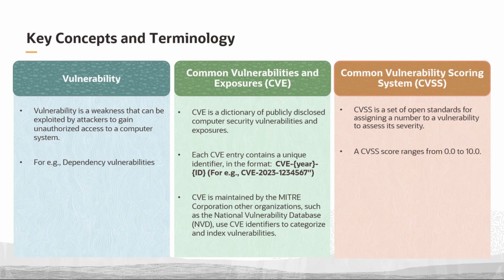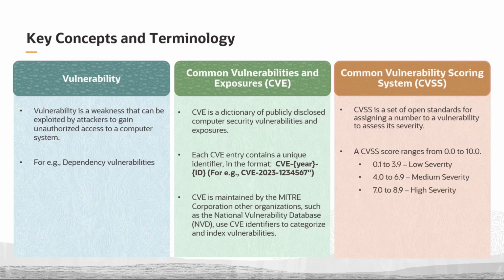The CVSS framework assigns a numerical score to each vulnerability ranging from 0 to 10, with higher scores indicating greater severity. Scores from 0.1 to 3.9 indicate a low level of severity. Scores from 4.0 to 6.9 indicate a medium level of severity.